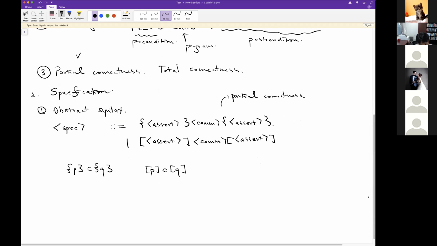The first one is for partial correctness, and it is sometimes called a triple. The second one is usually called a total correctness triple.